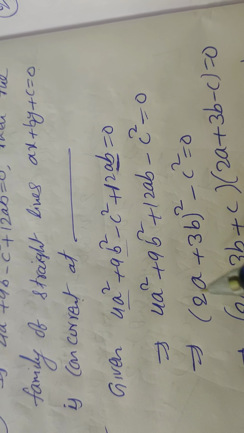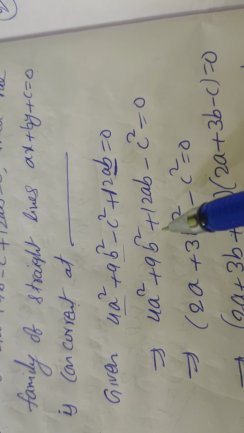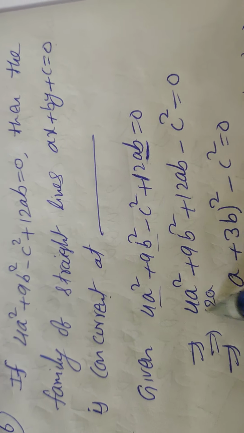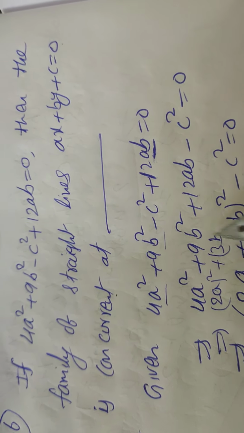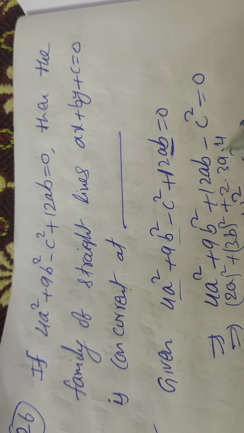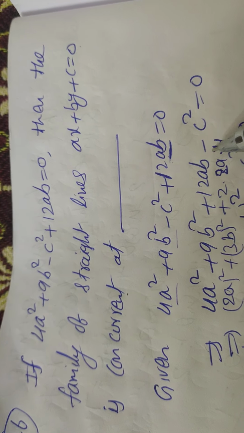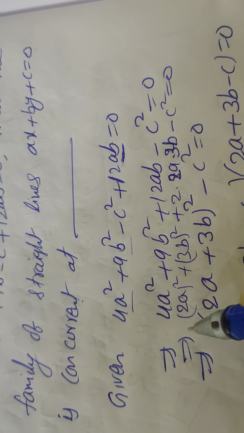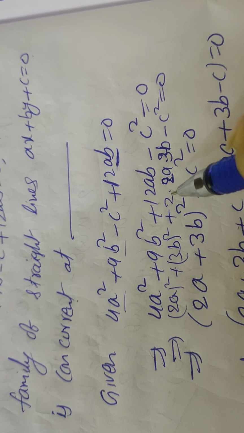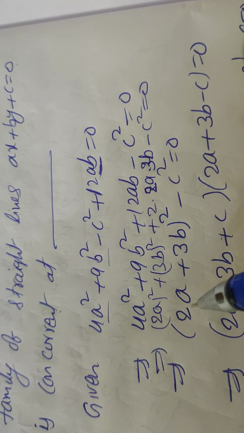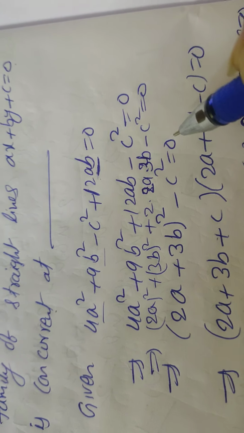So we can write like this: 2a whole square plus 3b whole square plus 2 times 2a into 3b, minus c square is equal to 0. So this is nothing but a square plus b square plus 2ab, where a means 2a, b means 3b. So 2a plus 3b whole square minus c square is equal to 0.